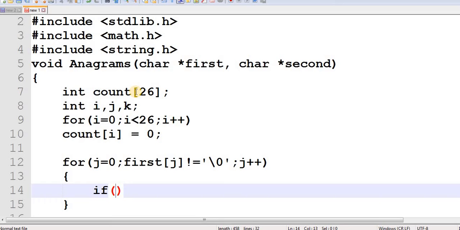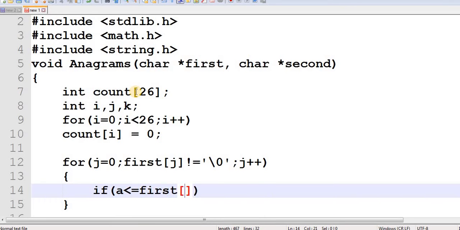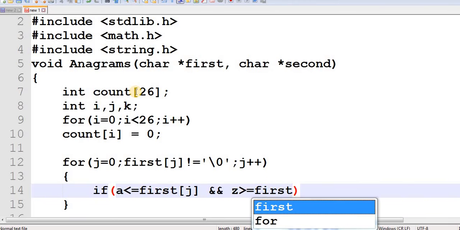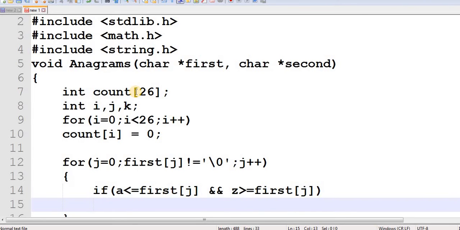So if first of j is greater than or equal to small a and less than or equal to small z, what this condition means is that the input character is between small a and small z, and I am going to increment the count as first of j minus small a.